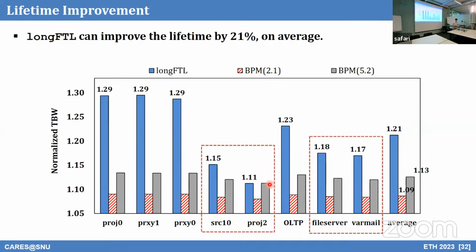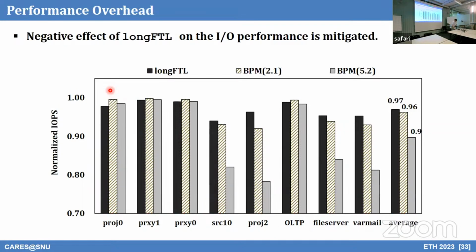So in project 2, you should not reduce capacity aggressively. All we did was reduce a small number of word lines, and then we erase those small number of word lines in low stress mode. On the other hand, this is the 29% efficiency case. We can apply many word lines as weak word lines. By making more word lines weak, we can extend drive lifetime more. There's not much performance overhead.